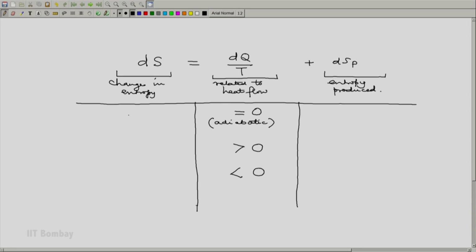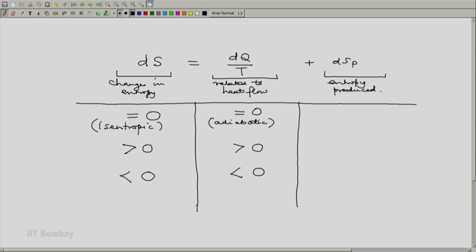It is possible that for a process the change in entropy is 0. In that case we may call that process an isentropic process. It is possible that for a process the change in entropy could be greater than 0, or that the change in entropy is less than 0.